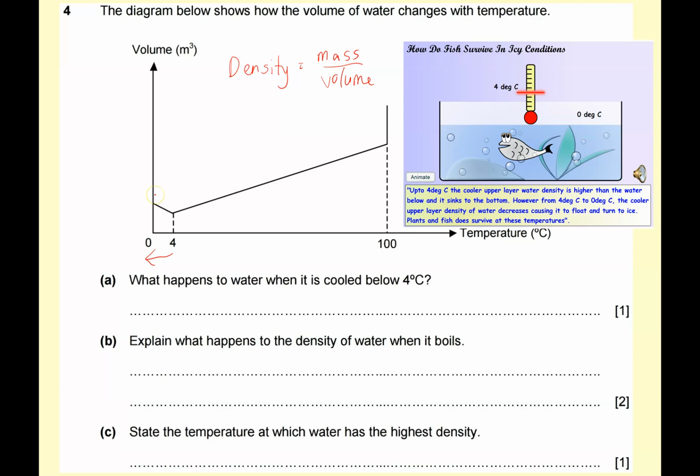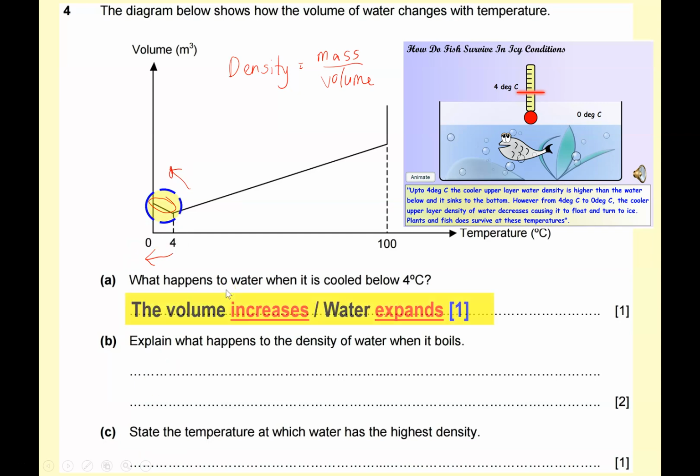So what happens to water? You see a rising trend when it's cooled to zero. So the volume increases, or water expands.